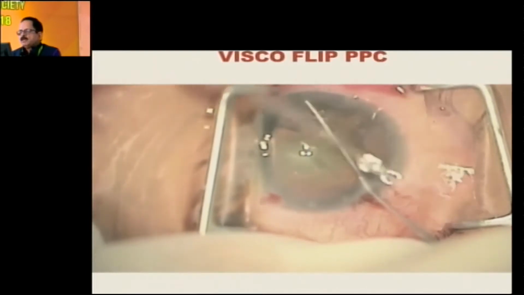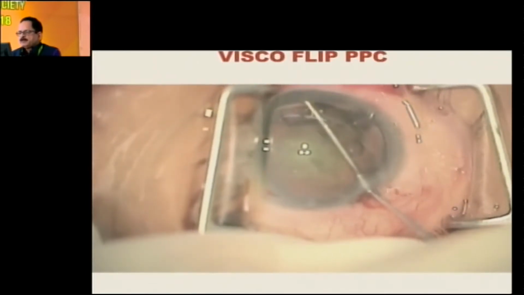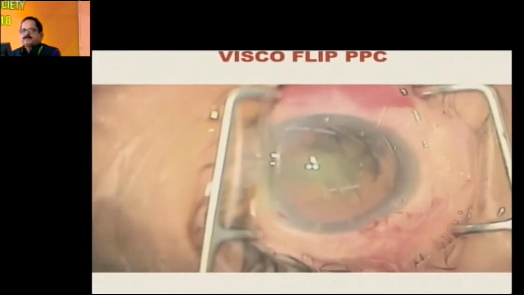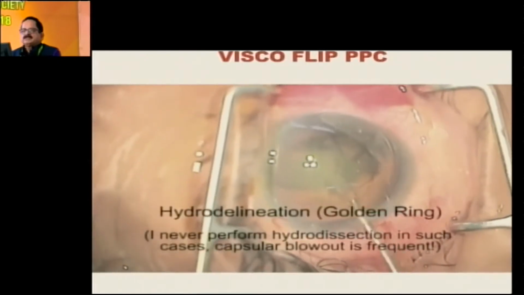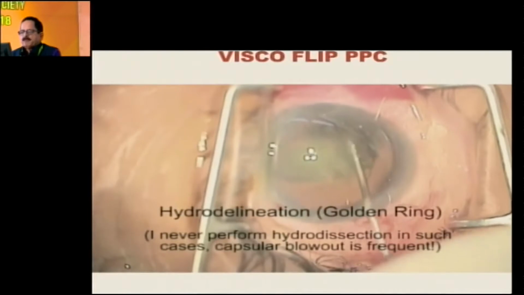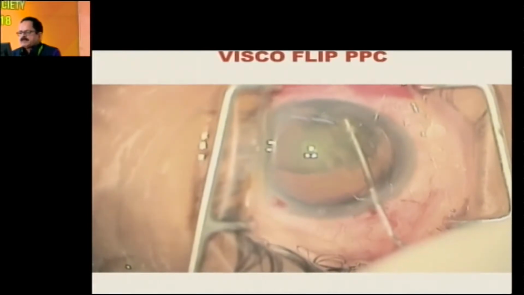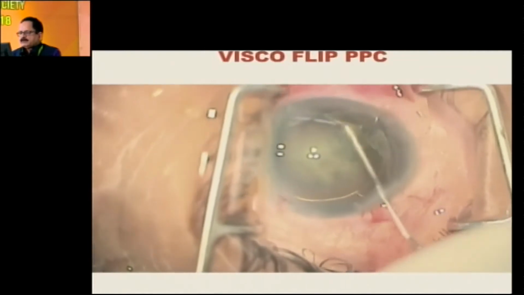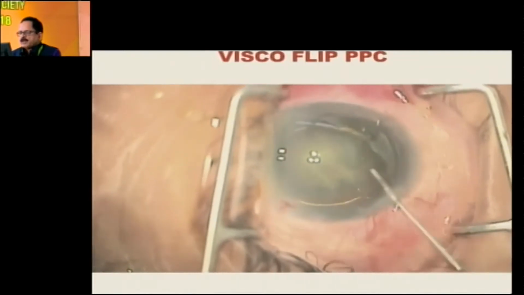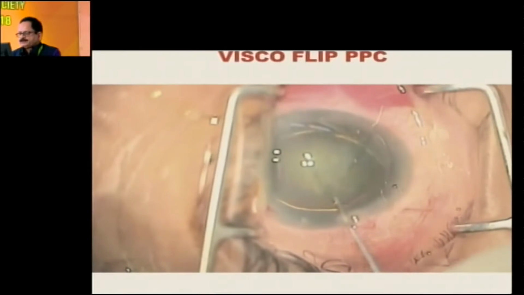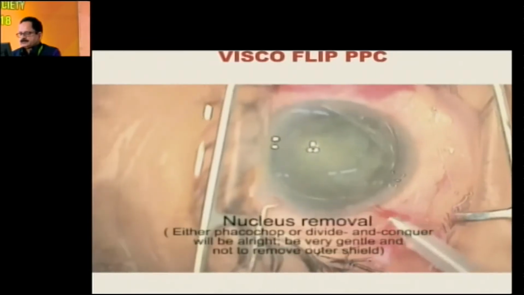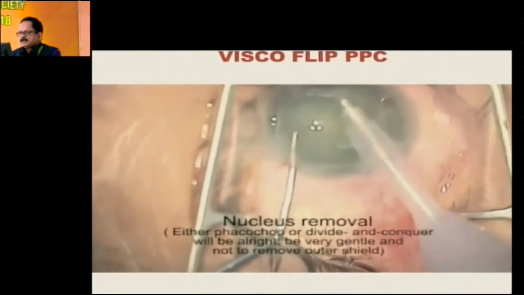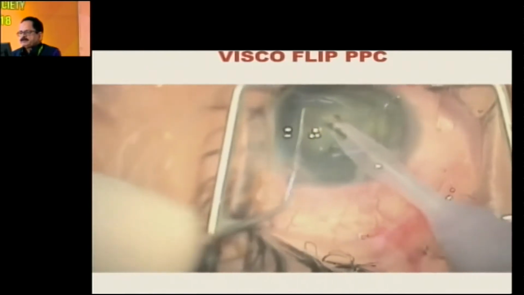There is no sudden pressure on the posterior pole, and in fact it separates the nucleus, even the posterior plate, from the back also. But it has to be very gentle, it's not to be thorough. Then we do hydrodelineation in this case. Nucleus is now separated and can be easily removed.